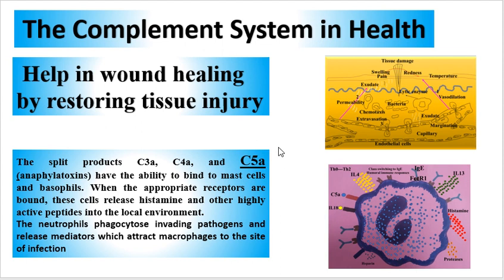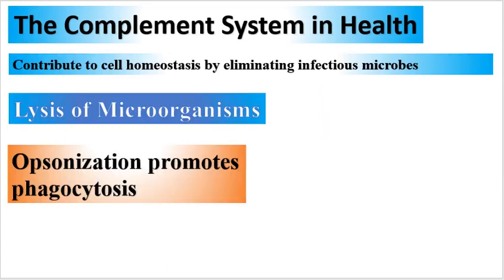C5a is a chemoattractant. So it attracts neutrophils to the site of injury or to the site of the wound, and also attracts macrophages, where they kill the pathogen and restore the tissue injury.